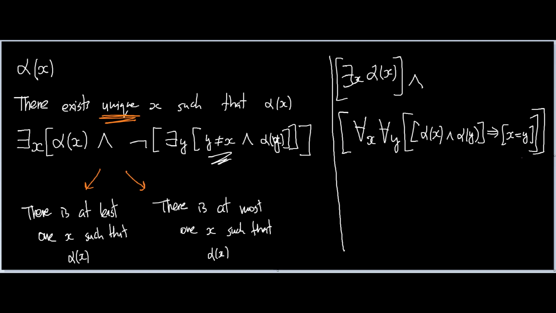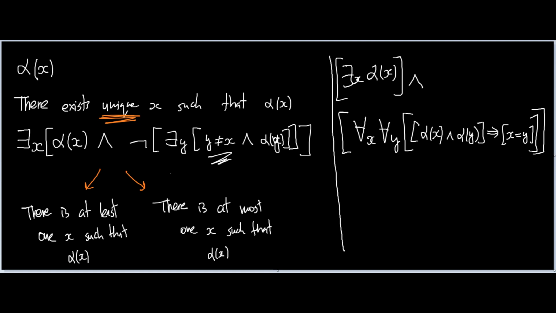Okay, so we had an example here of how to express that there exists a unique x such that alpha x is true. We presented two ways of expressing that.